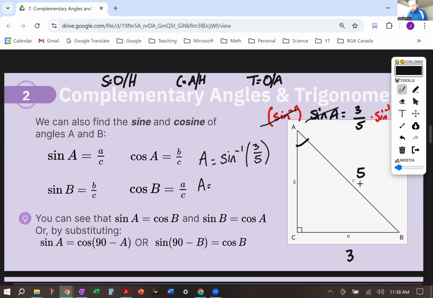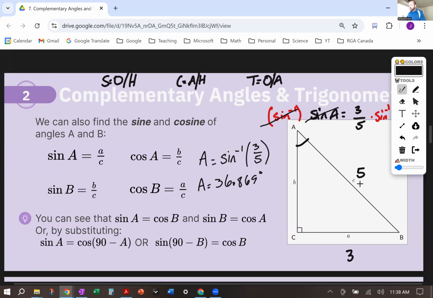Mode is on the upper left, and then there's radians and degrees. So you want everything in degrees. Most likely the calculator that you have is already going to be set in degrees. It's going to say DEG. So you do inverse sine 3/5, and we get 36.87 degrees. So that's how many degrees the angle A is.